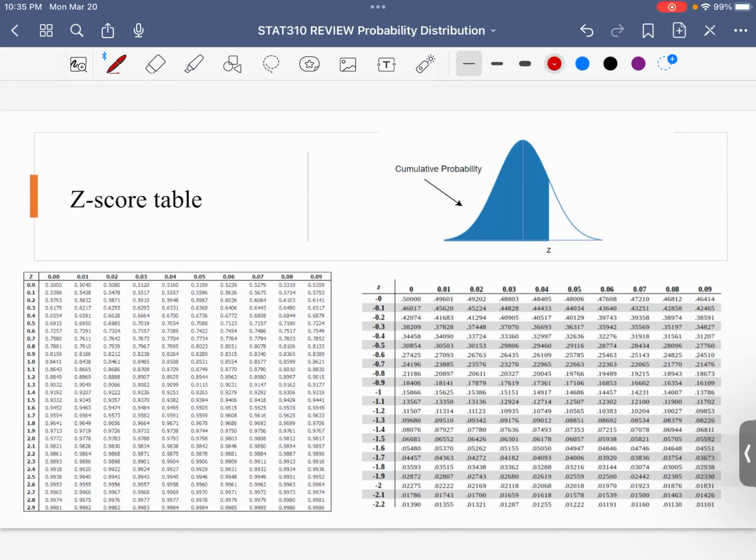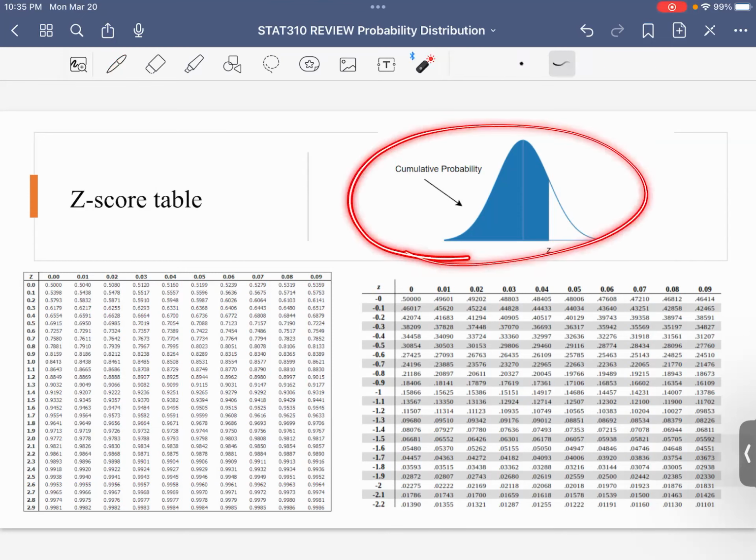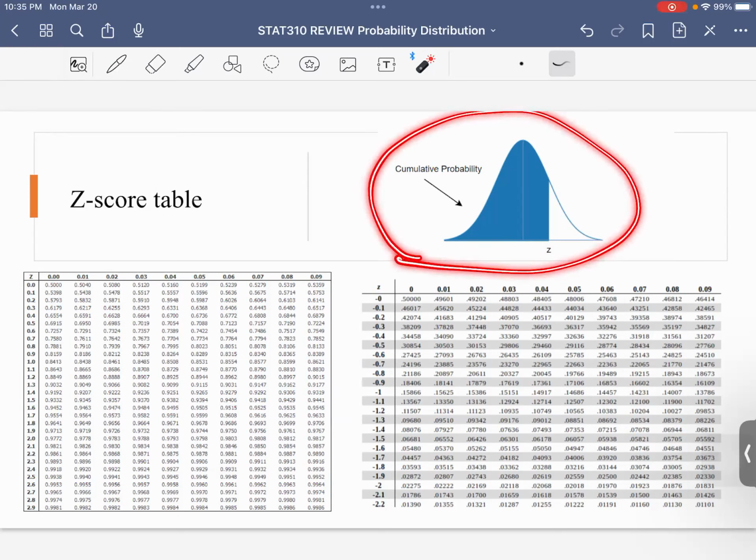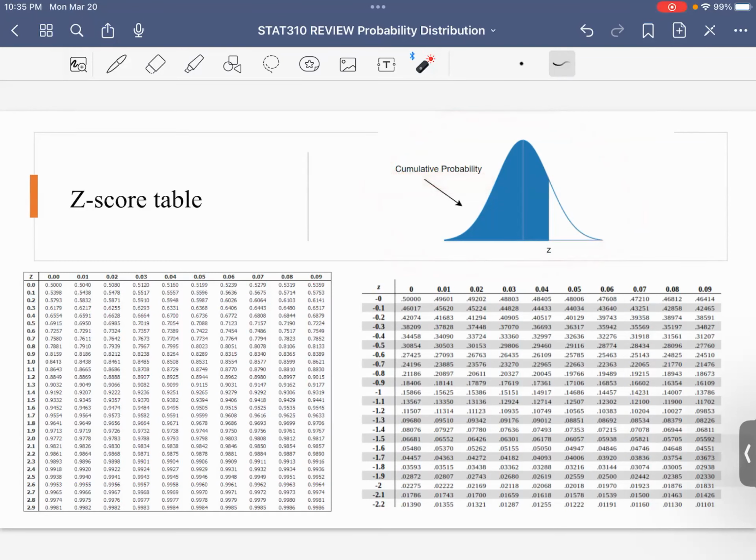It tells you what the table is showing. For the z-score, typically the definition is a cumulative probability, which I've just mentioned. So it's a cumulative probability from negative infinity to z.